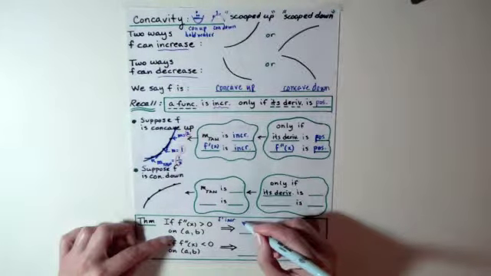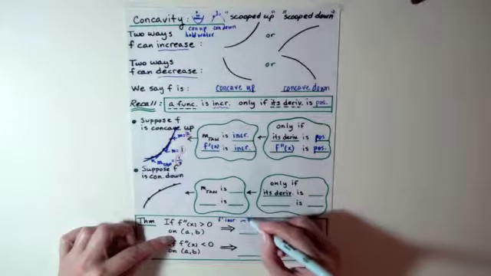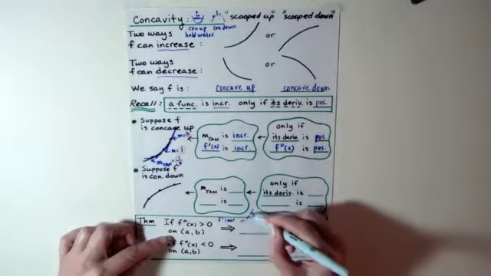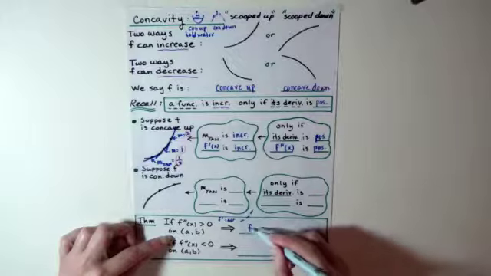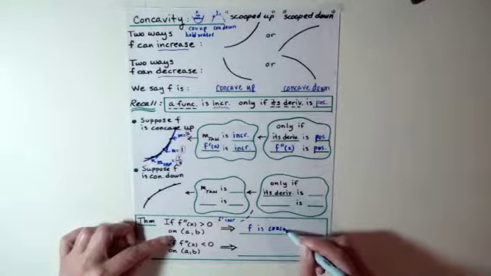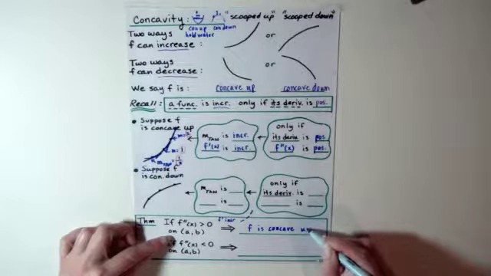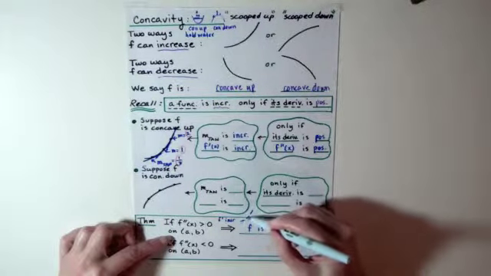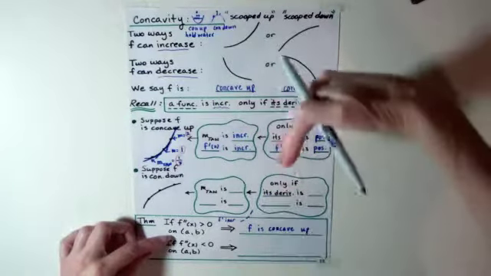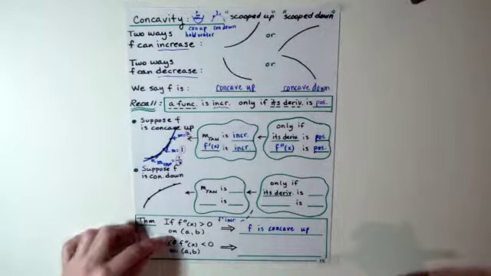That means that the slopes of the tangent lines are increasing, so you have steeper and steeper tangent lines, and the only kind of curve that can go through that is a curve f that is concave up, scooped upwards. You can see the only kind of curve that would have steeper and steeper tangent lines would be one that is scooped upwards, concave up.